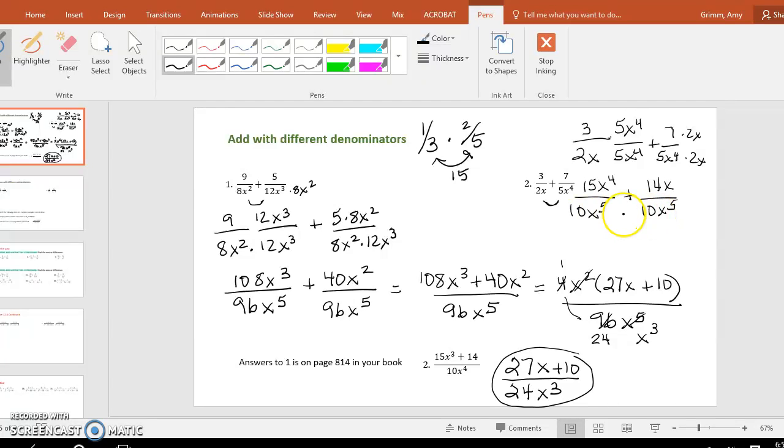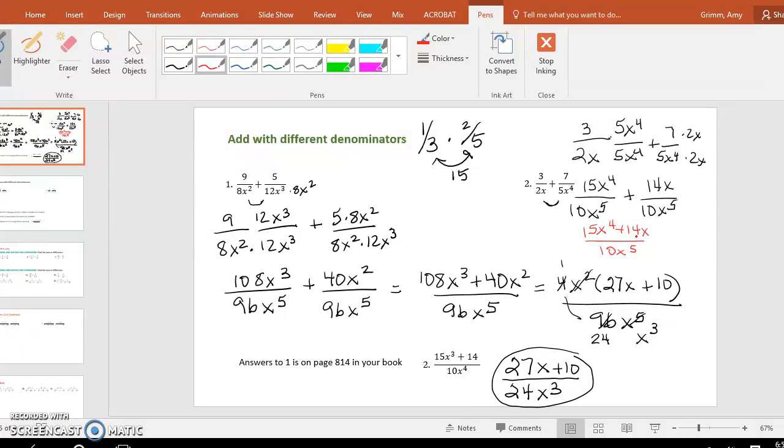So now I can keep my denominators the same, and I'm going to change colors so I don't mix up. And I have 15x to the fourth plus 14x over 10x to the fifth. And then I'm going to factor this top part. Doesn't look like I can take a whole lot out of this one.